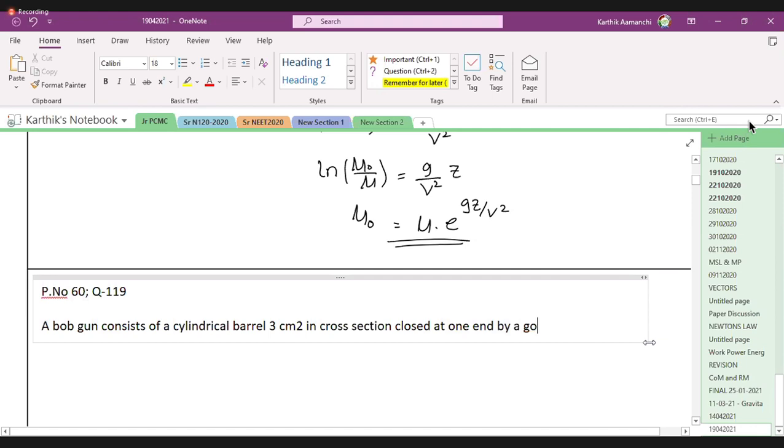Closed by a cork, C-O-R-K, and having a well-fitting piston at the other.